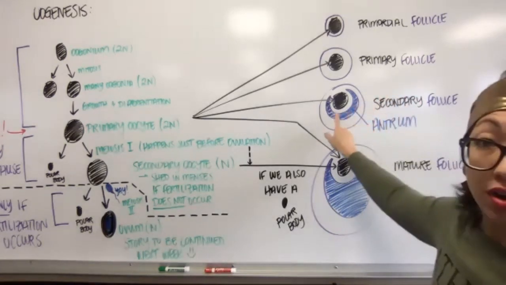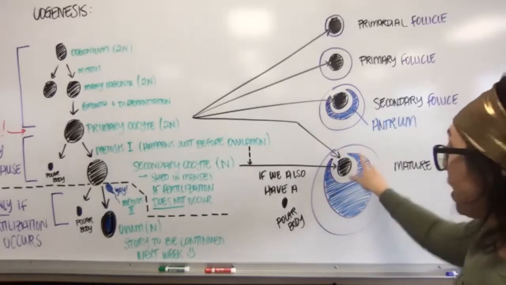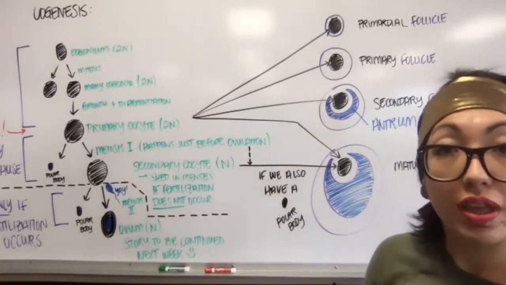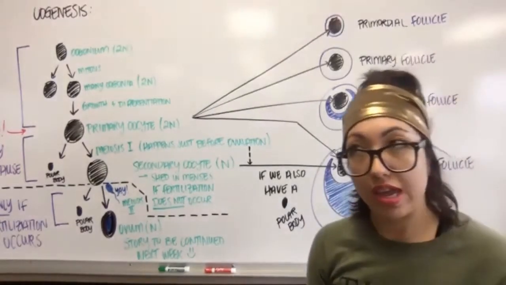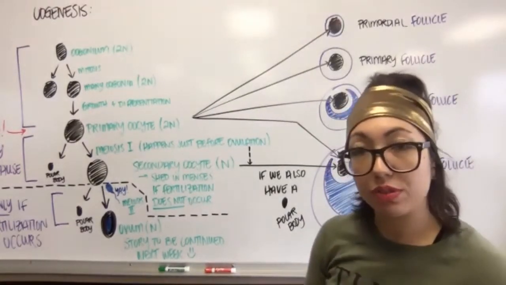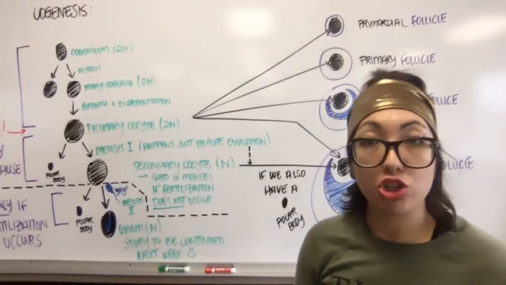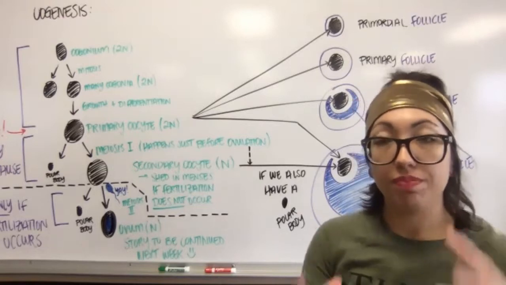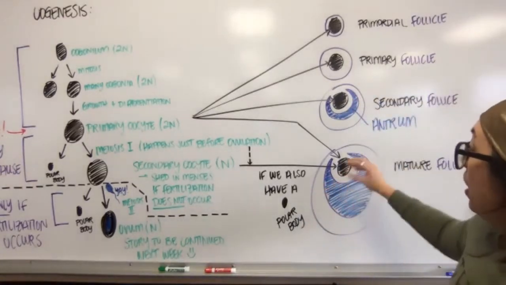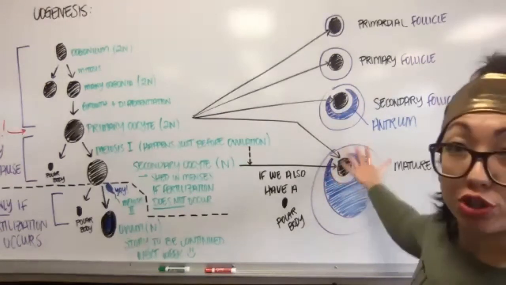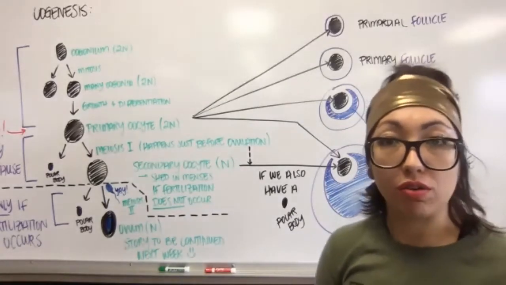This antrum is going to get a lot bigger. And when you are looking at your histological images, that is my number one tip for students when they're asking themselves, how do I know the difference between a secondary follicle and a mature or Graafian follicle? Look at the antrum. If the antrum is nice and big and that oocyte is pretty much pushed to one side, it's safe to say that is a mature follicle.